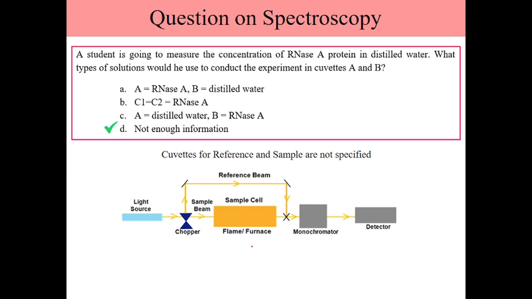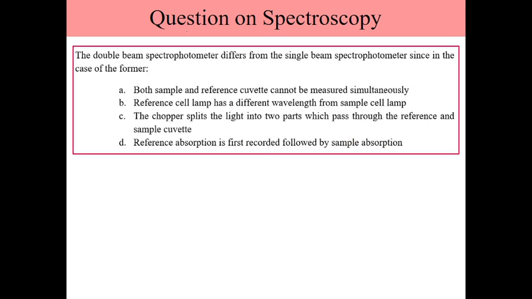This is the instrument used to measure your absorbance. Now look at this. A double beam spectrophotometer differs from a single beam spectrophotometer, since in the case of the former, the double beam spectrophotometer, both sample and reference cuvette cannot be measured simultaneously.